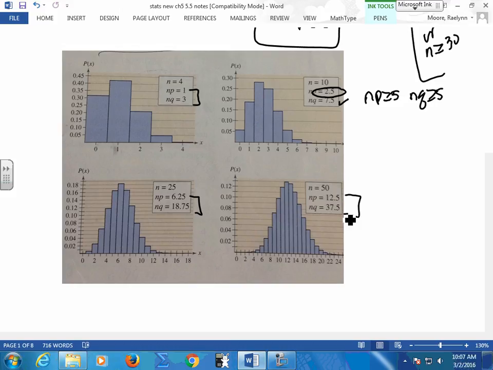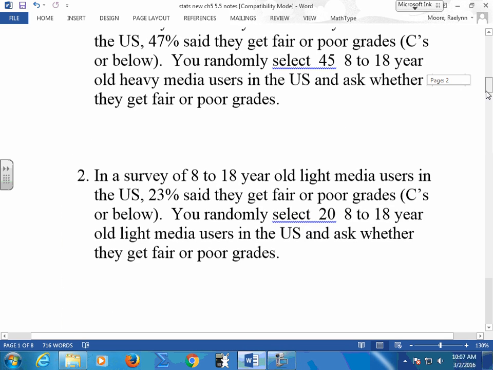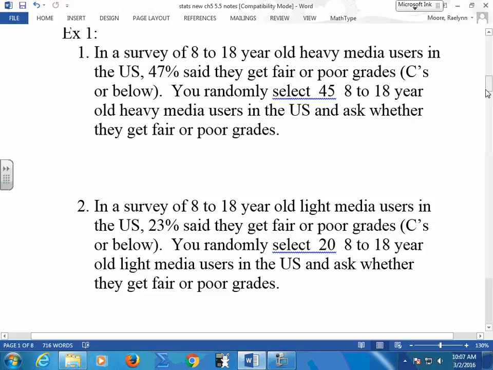So we're going to test them anyway, knowing that they probably will work, except for the little example that they give us when they won't work. Same as the central limit theorem. So in example 1 and example 2, we're just going to test to see, can we approximate a normal curve?